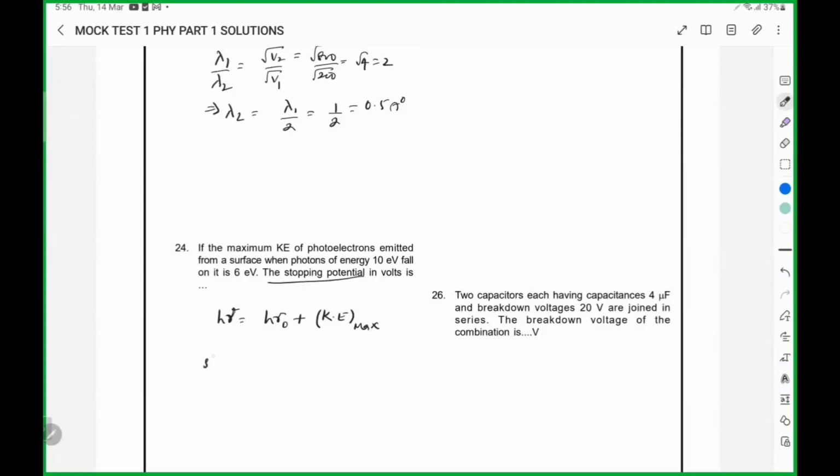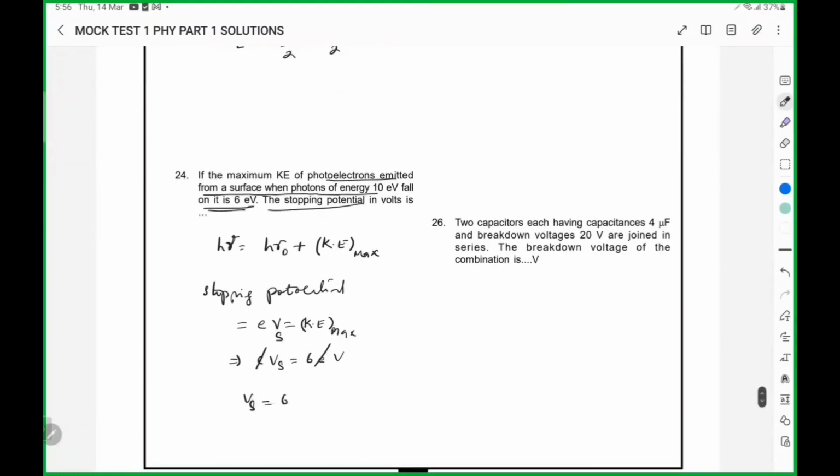The stopping potential is given by eV, which is equal to kinetic energy maximum. He told that the photoelectrons emitted from the surface have 6 electron volts. So the stopping potential is 6 volts.